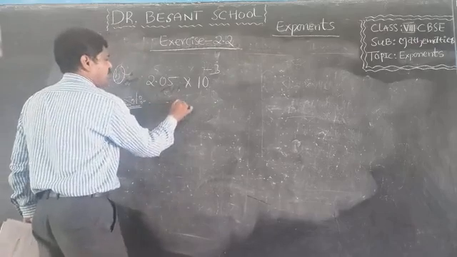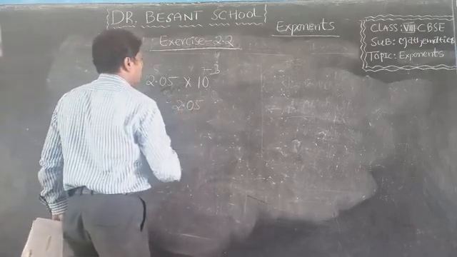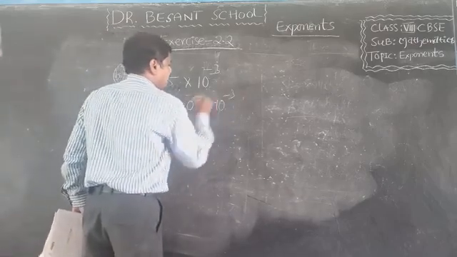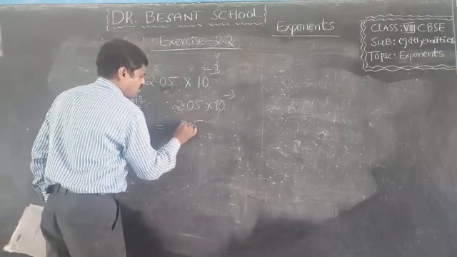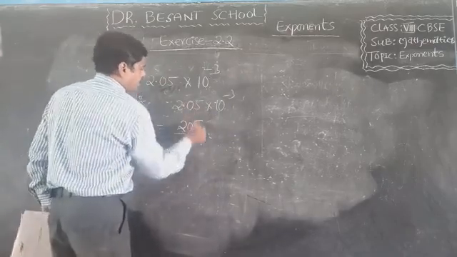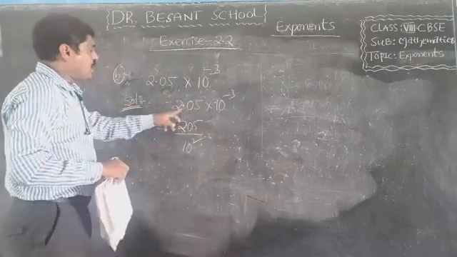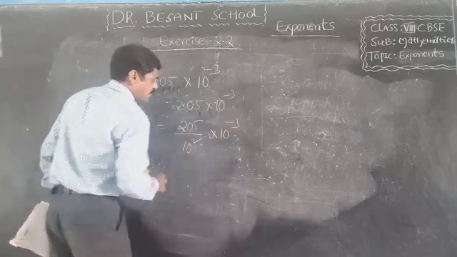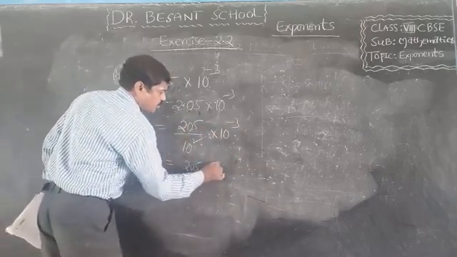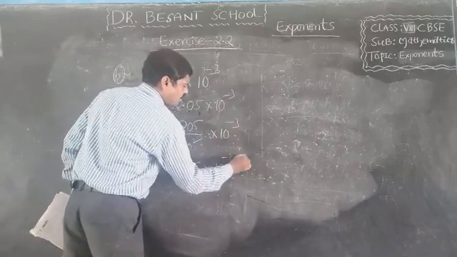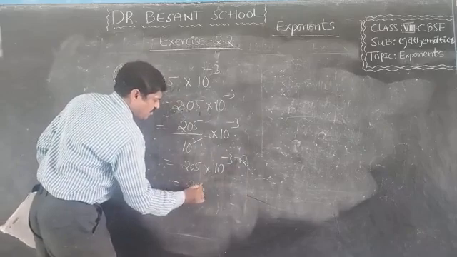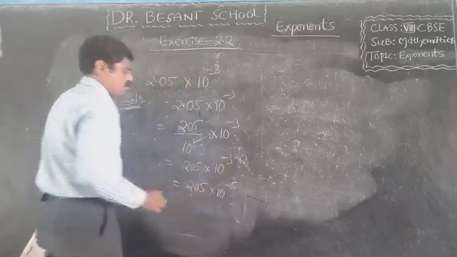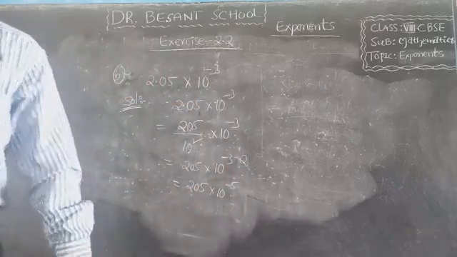So 2.05 into 10 to the power of minus 3, we can write 205 by 10 square. After decimal 2 digits, that's why 10 square, into 10 power minus 3. This is 205 into 10 to the power of minus 3 and minus 2. So 205 into 10 to the power of minus 5.